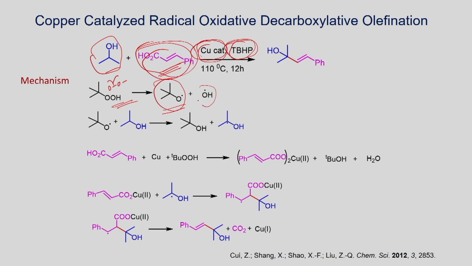Once you form the tertiary butoxide radical, this can react with isopropanol. This is well known, it can undergo homolytic cleavage of this carbon hydrogen bond. You form this radical, and the tertiary butoxy radical is converted into tertiary butanol.